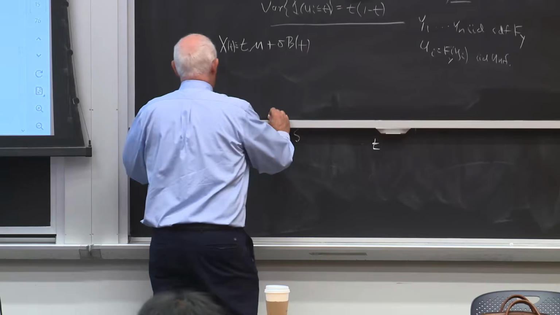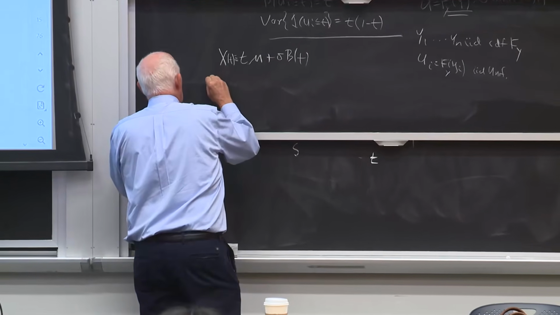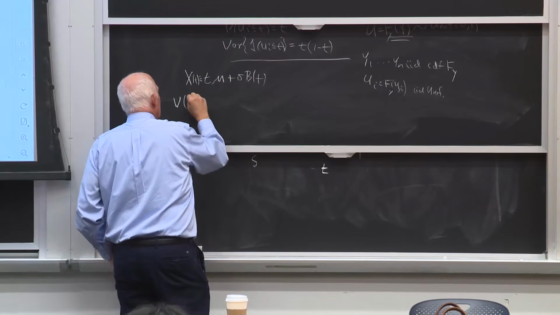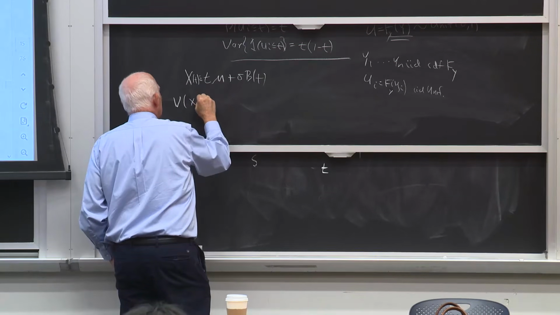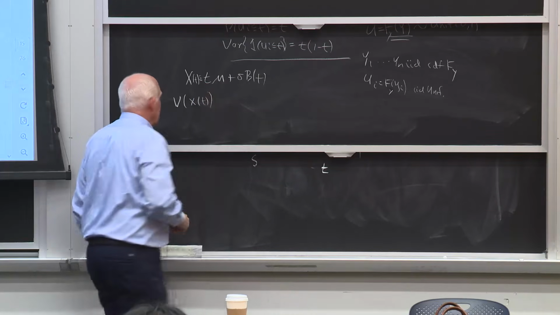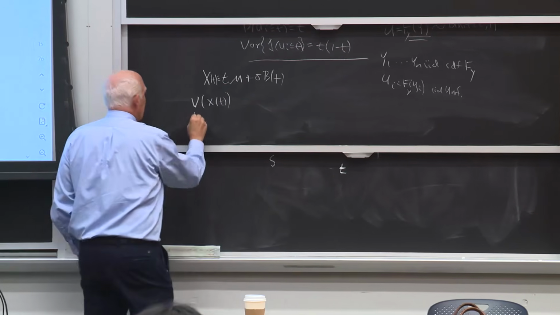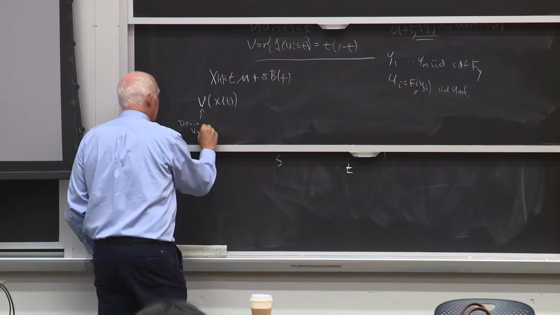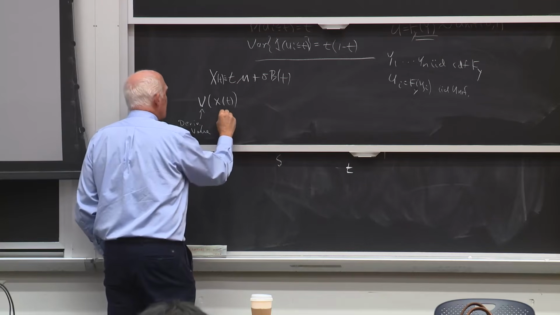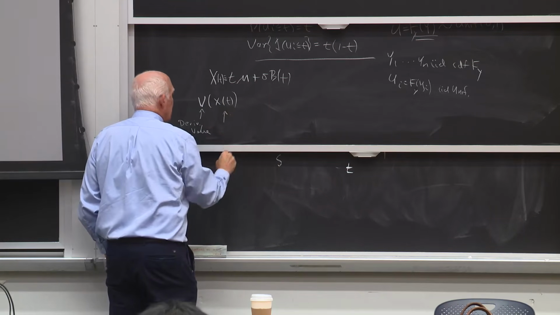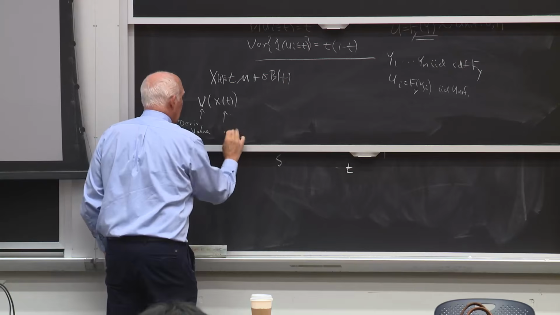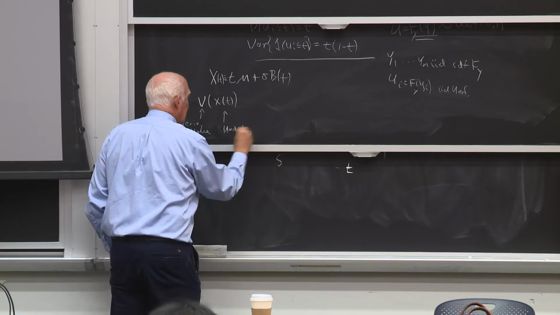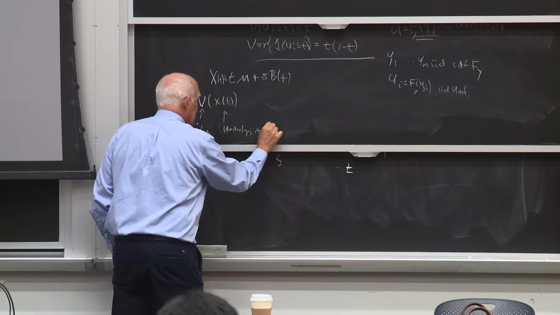ultimately with, say, a value of some derivative that depends upon x of t. So there's basically a derivative value which depends upon the underlying asset price.